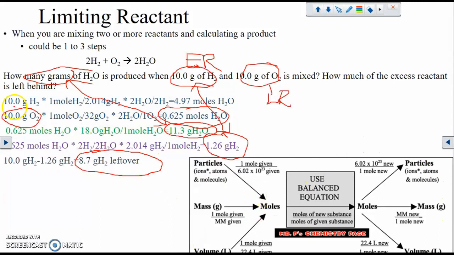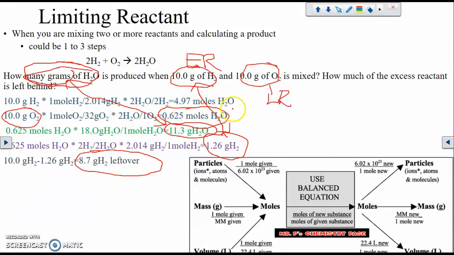So in the initial step, we calculated the moles of the new substance, the product, from two reactants going to the same product twice. And it's a mass to mole problem. We picked the smaller mole. The smaller mole tells us which one is the limiting reactant.